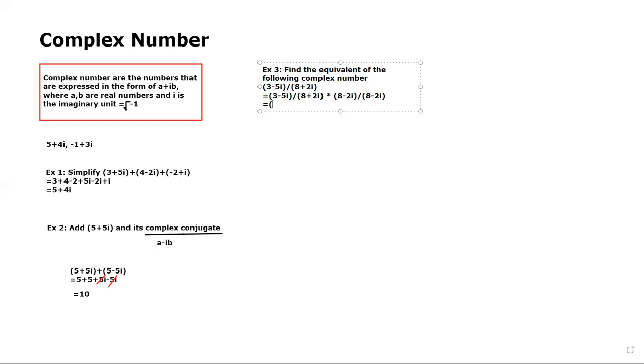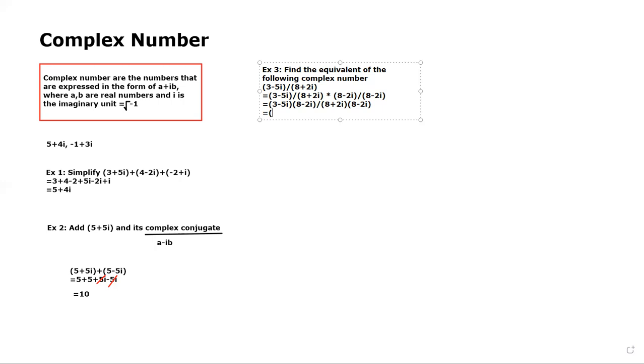So your numerator will be 3 minus 5i times 8 minus 2i, and the denominator will be 8 plus 2i times 8 minus 2i.